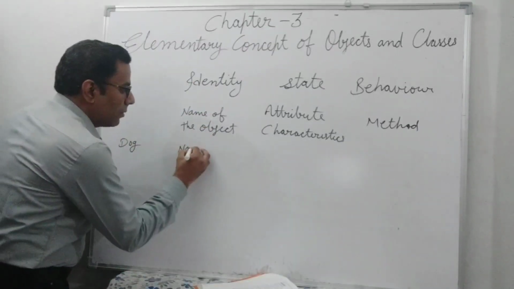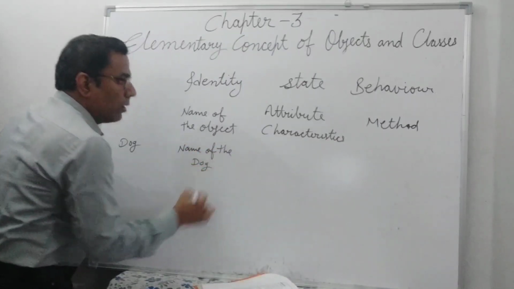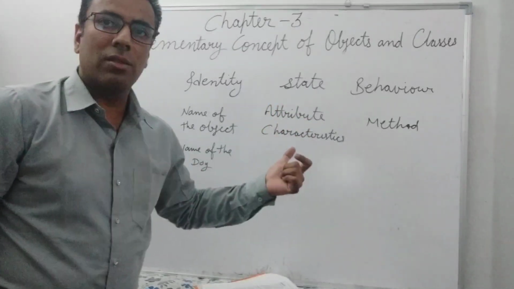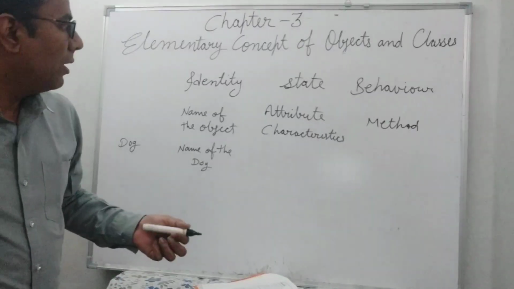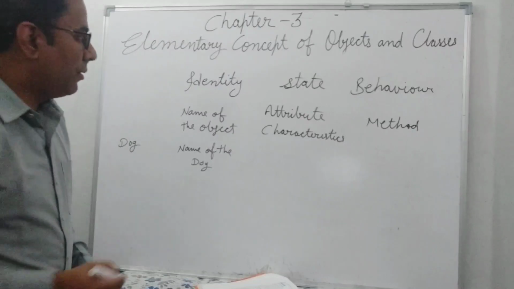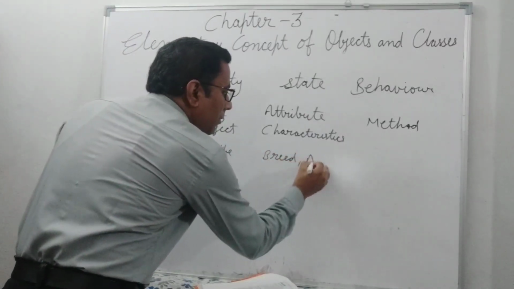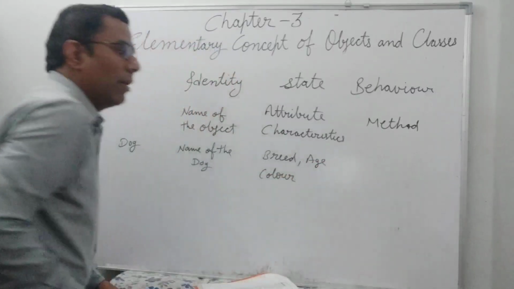And state, attributes or characteristics, here means breed, age, color.